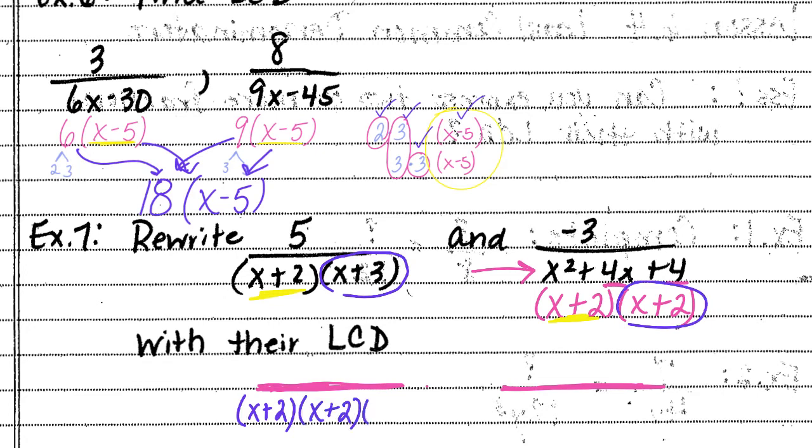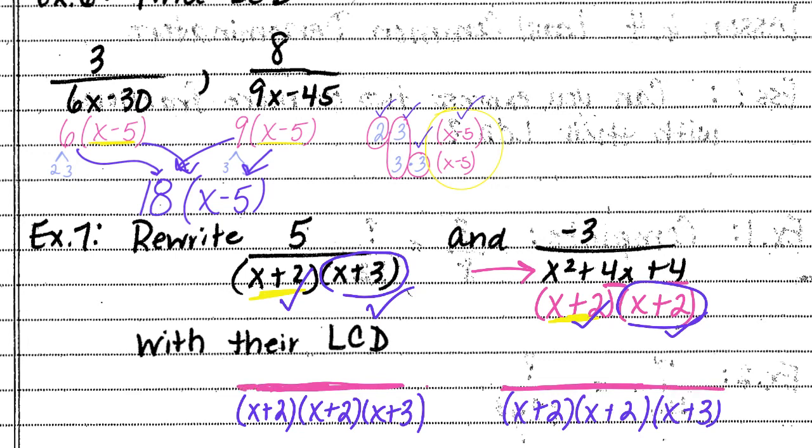And I'm going to write them with x plus 2's together. So my common denominator, I use one of the x plus 2's together. I have to use all the leftovers once as well. So my common denominator is x plus 2 times x plus 3, because I need all of them.